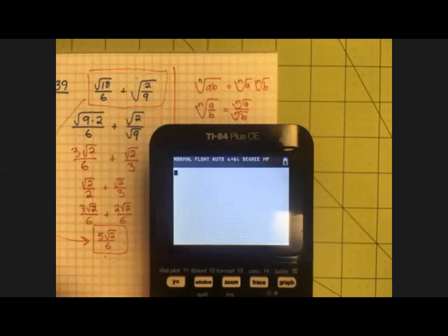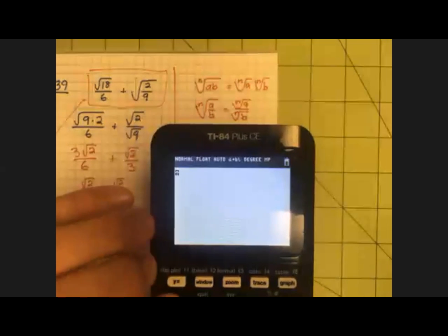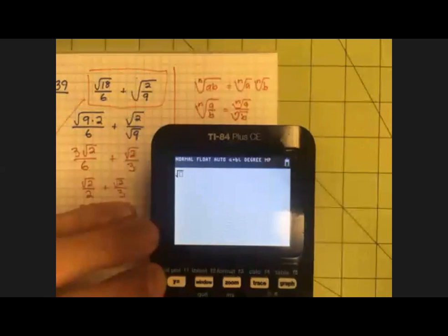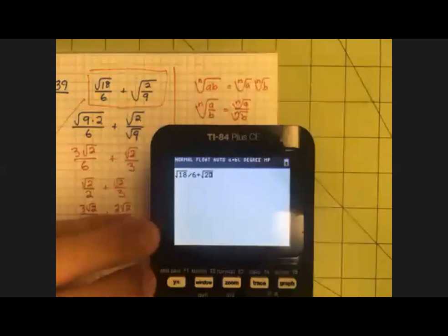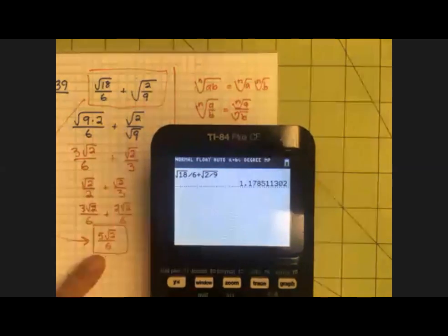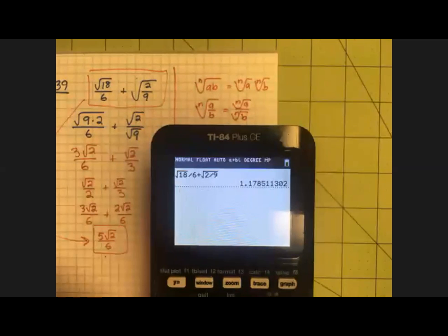So let's do the square root of 18 divided by 6 plus the square root of 2 divided by 9, and compare it to 5 square root of 2 divided by 6.